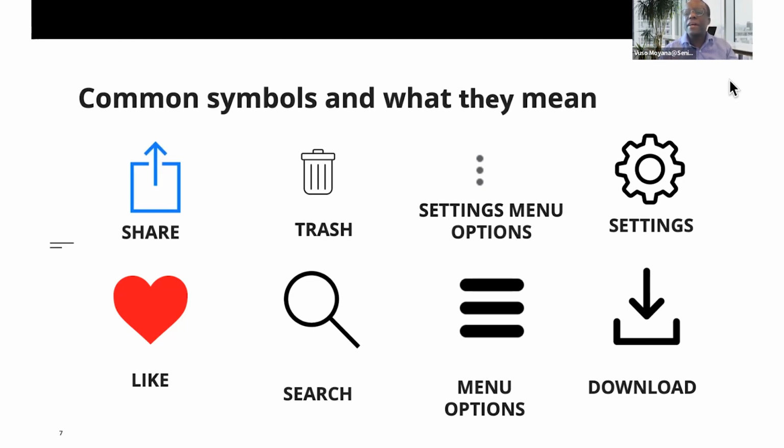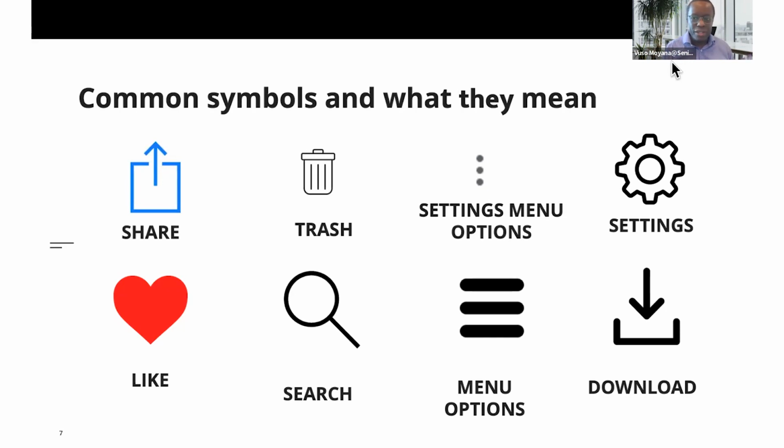There is also a gear icon that can be used as settings. This is particularly useful on our devices, whether you are using an Apple device or any other. It's a universal symbol for settings.